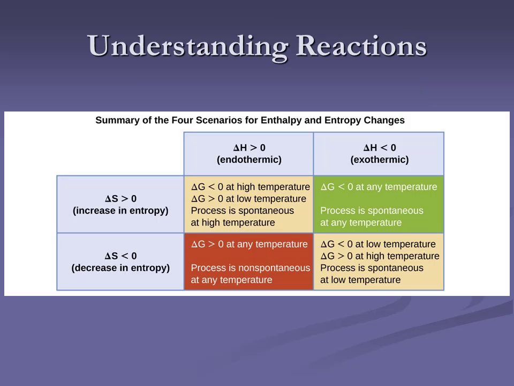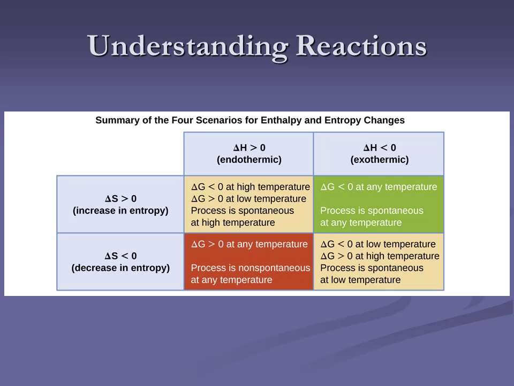Delta G incorporates entropy and enthalpy. So if we look at our change here, with a delta H being greater than 0, so positive, it's endothermic. Negative, it's exothermic. And if we look at our delta S here, here's our entropy.